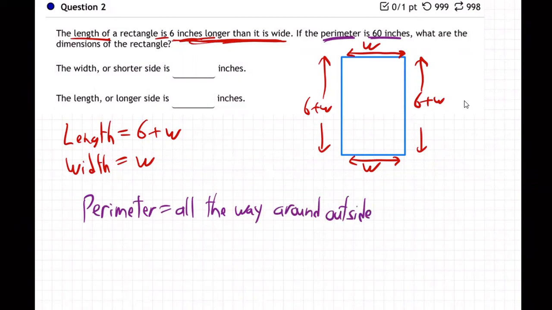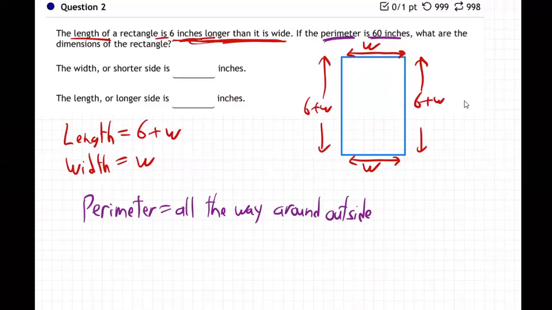So how do we go all the way around the outside? Well, starting here, to go all the way around the outside, you just have to do width, length, and length again. That makes sense? It's width, length, length. In other words, it's all the way around the outside.